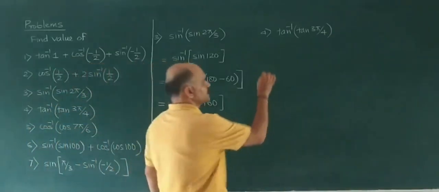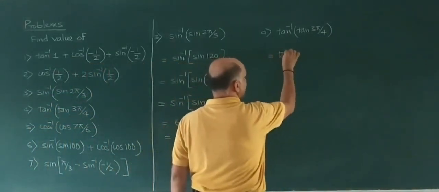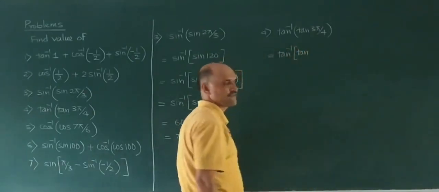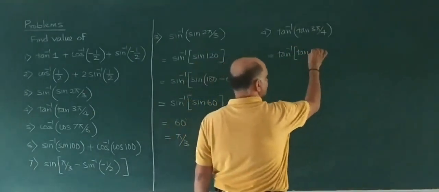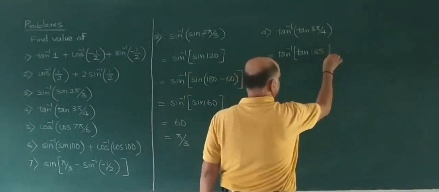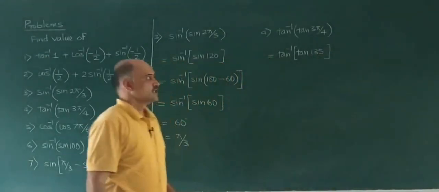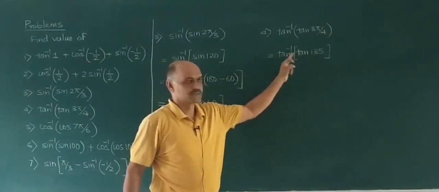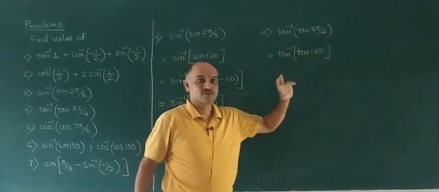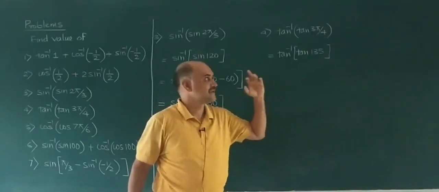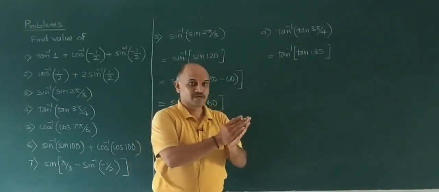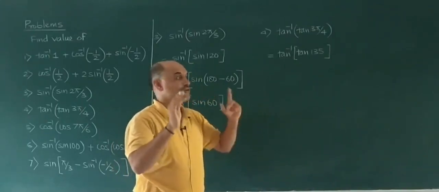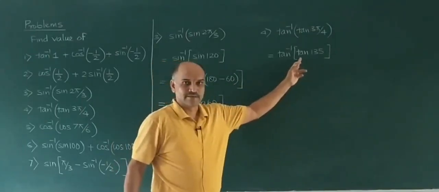So if you convert it in degree, tan inverse of tan, pi by 4 is 45, 45 into 3 is 135 degree. So again, you cannot cancel these two because this angle is also greater than 90. For tan also the principal value will be from minus 90 to plus 90, but you will have an open interval.